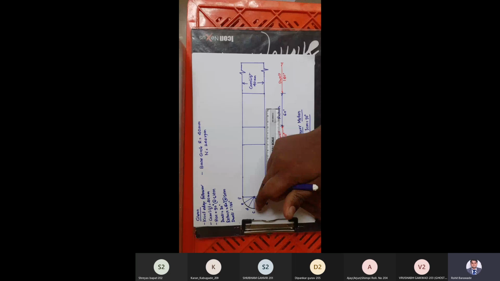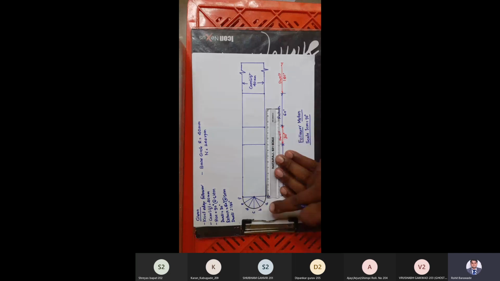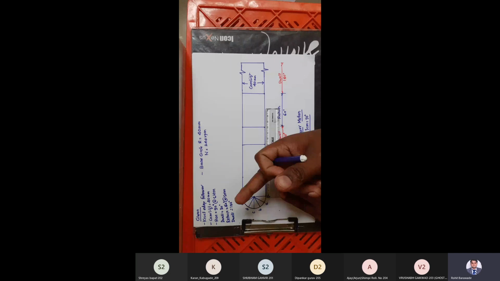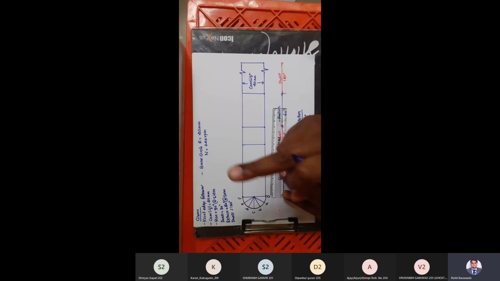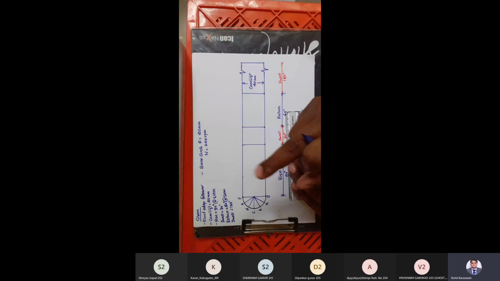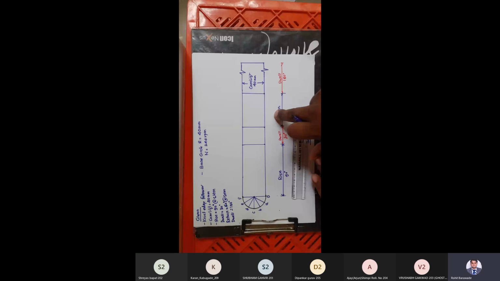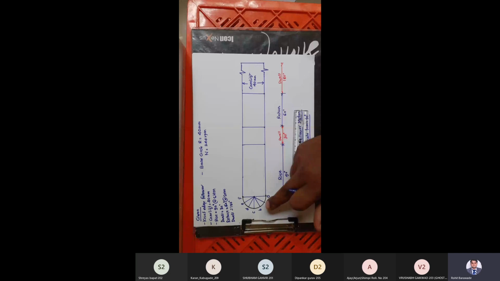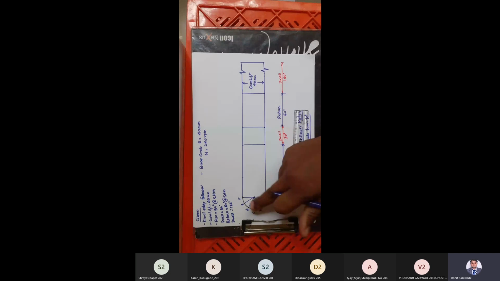If any student divides this half circle into 9 parts, then the rise period and return period are also divided into 9 parts, right? Rise and return also. If any student divides this half circle into 12 parts, then the rise period and the return period are divided into 12 parts only.